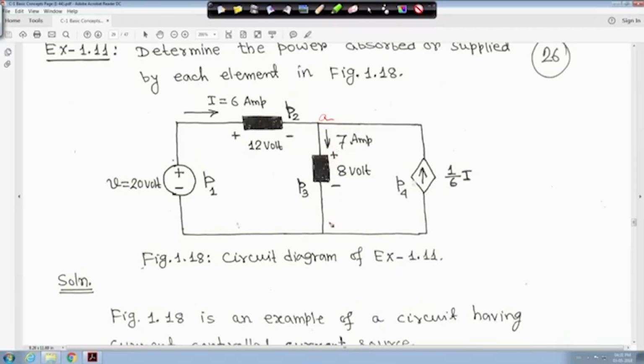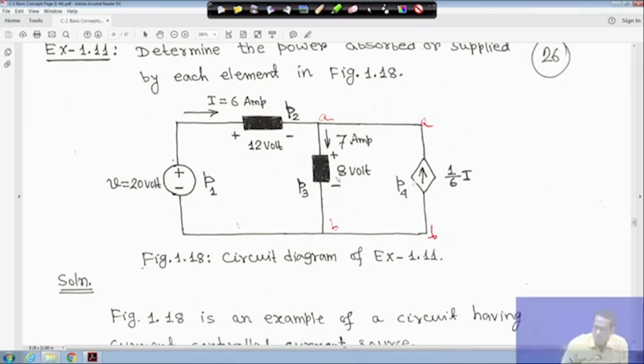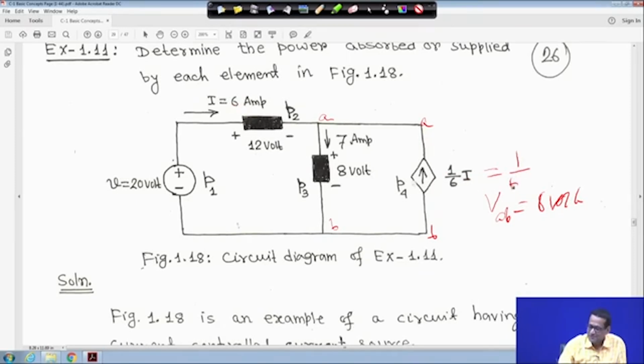So, whenever I was explaining this, suppose this is plus minus, this point is A, this is B, and nothing else is there. So this point is A, this is also B. So this voltage, if we make it like this, VAB is equal to say 8 volt, right. So the same voltage here also, 8 volt, but the current I is equal to 6 ampere is given. Basically this one will be 1 upon 6 into 6, that is 1 ampere, right.